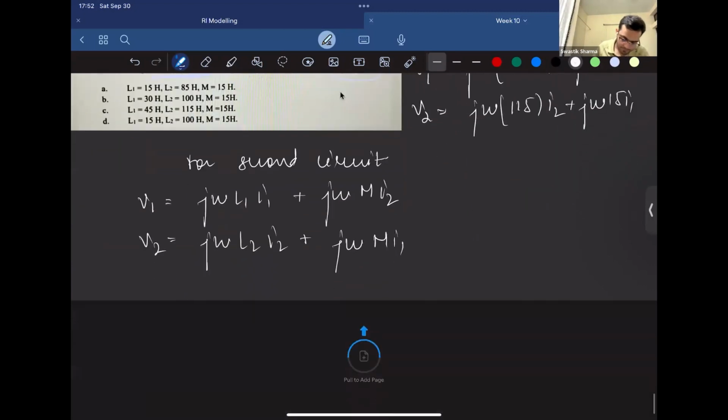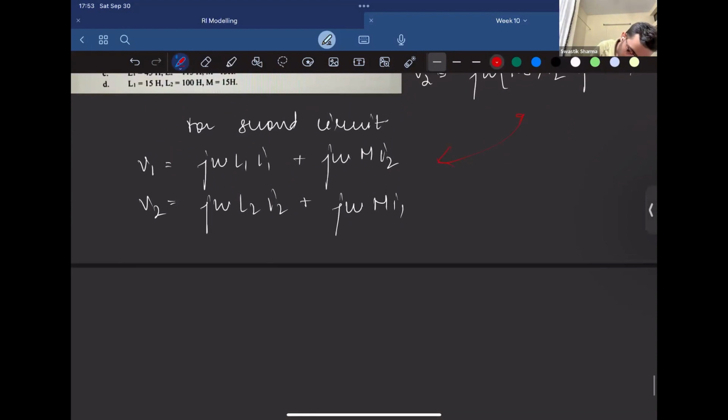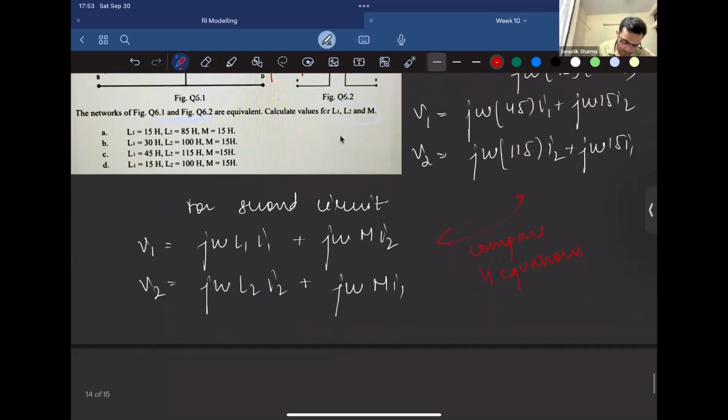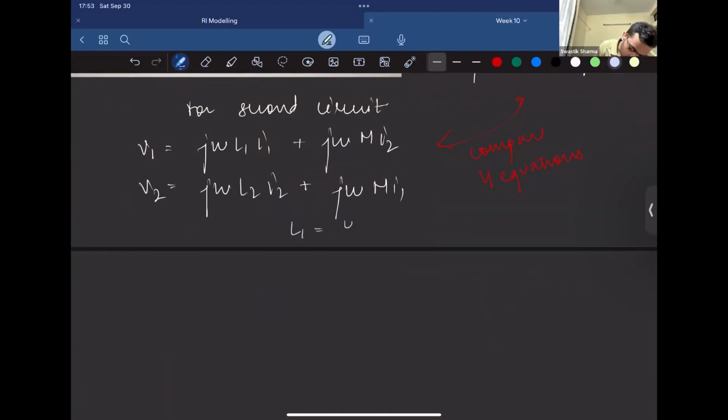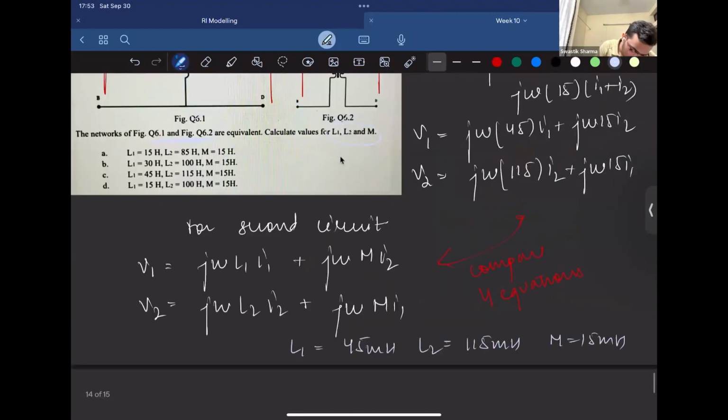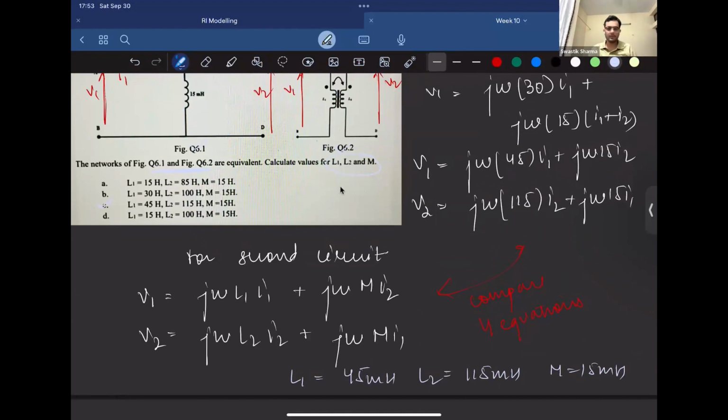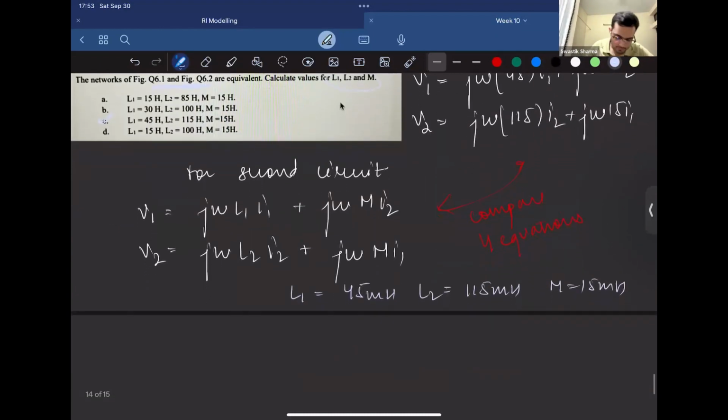So if you compare these four equations, what you get is the equivalent value of L1, L2, and M, right? So that means L1 is 45, L2 is 115, and M is 15 millihenries. So the right answer is C. So that's how you solve these questions.